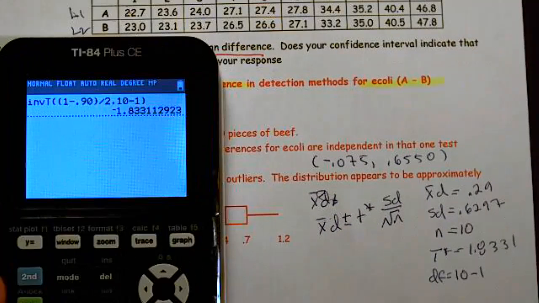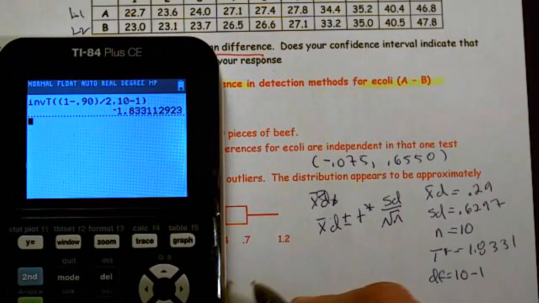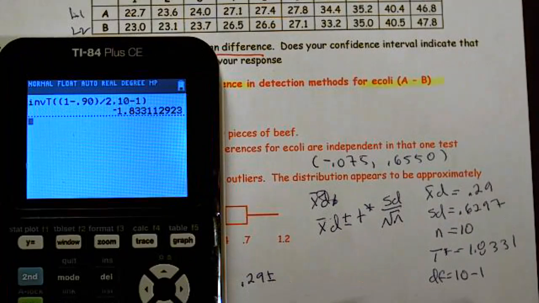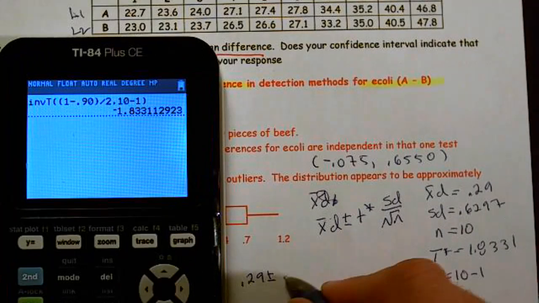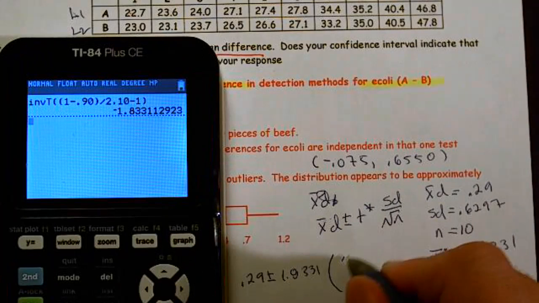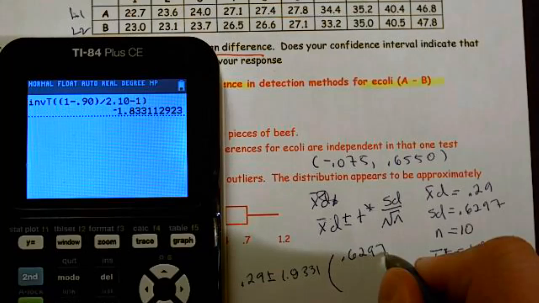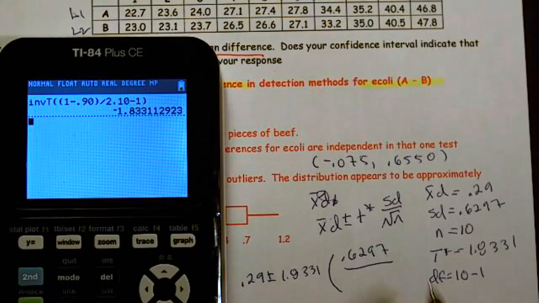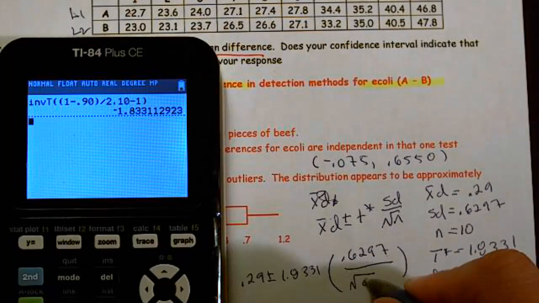So I can go ahead and plug those values in, and I get 0.29 plus or minus 1.8331 times 0.6297 divided by the square root of 10.